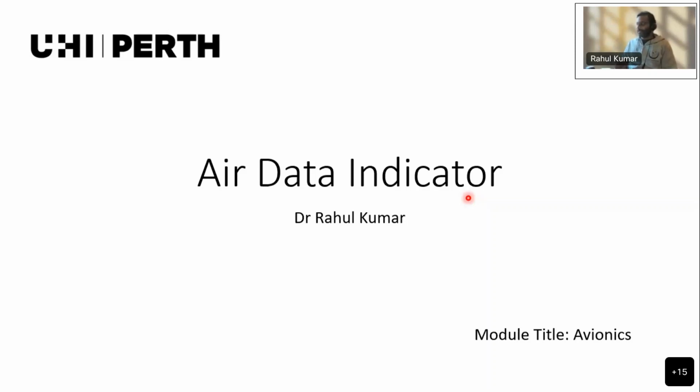From the previous classes, you may remember that this air data can be used to estimate the location of an aircraft in case your GPS or satellite navigation system fails. So in case of emergency, we can use the air data to estimate the location of the aircraft. Obviously, these air data indicators are quite important.